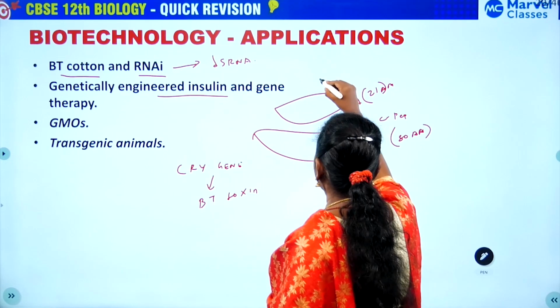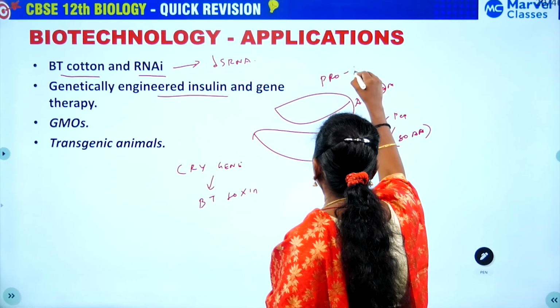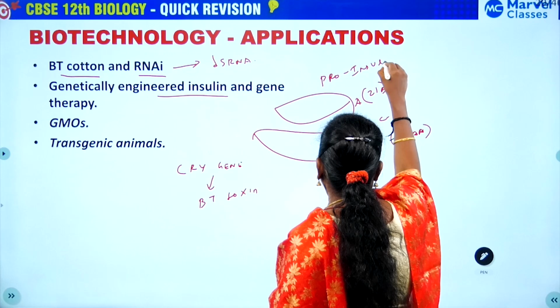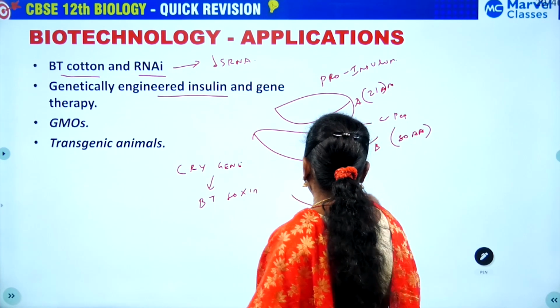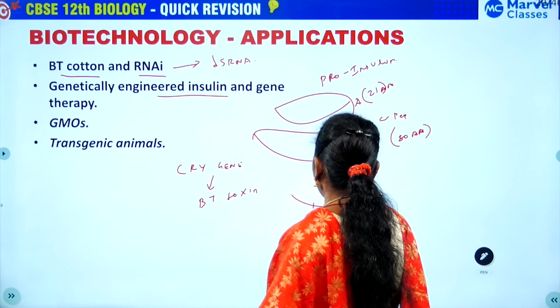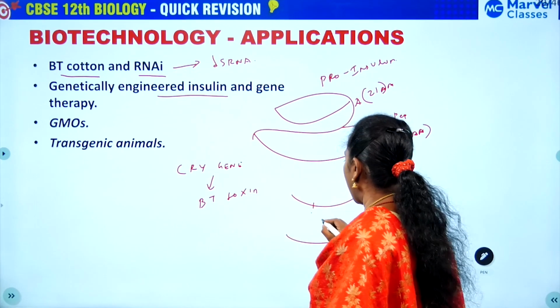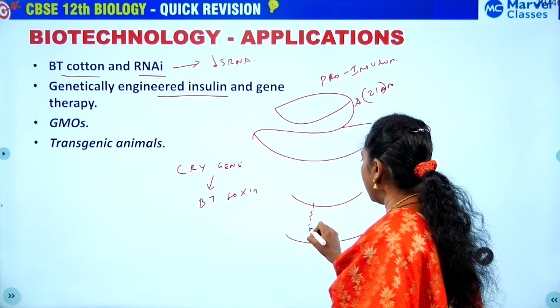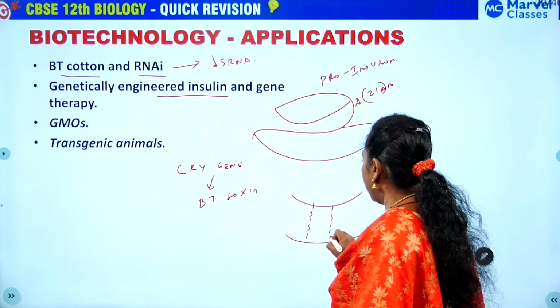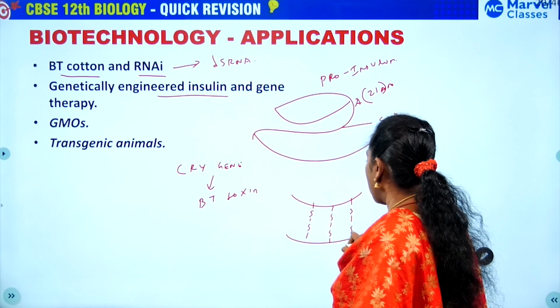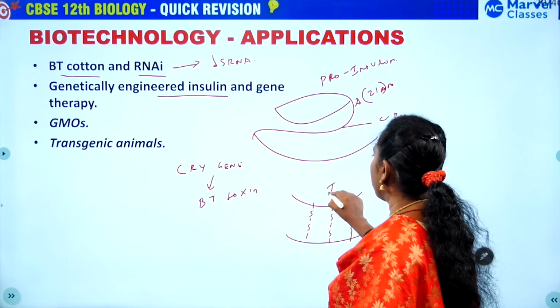If this is present, this is just proinsulin, okay. In the active insulin, in between A chain and B chain, you can see disulfide bridges, okay. This is active insulin.